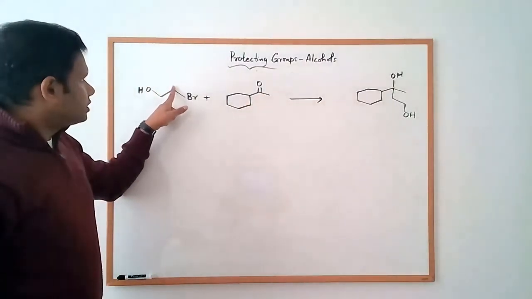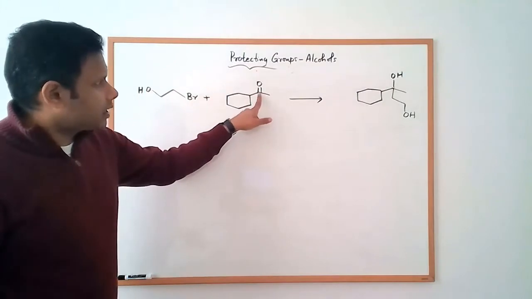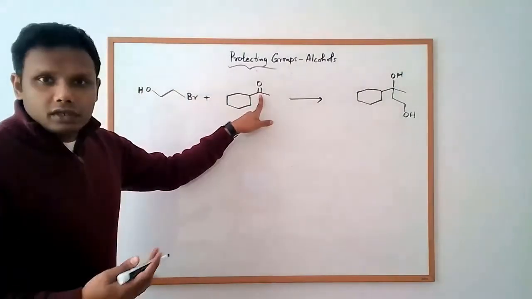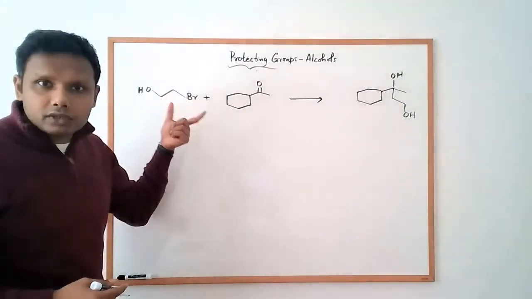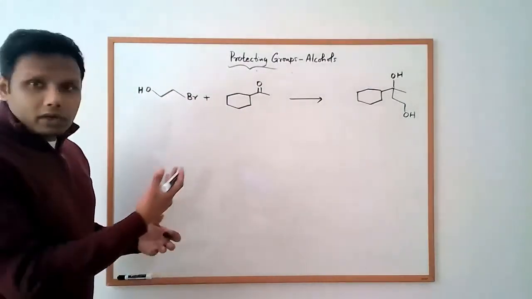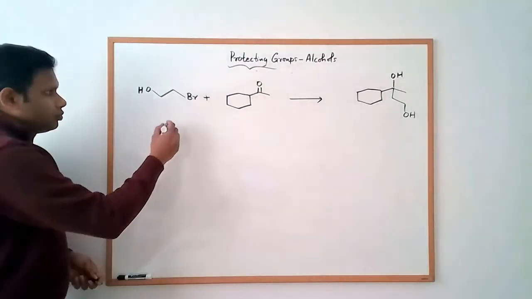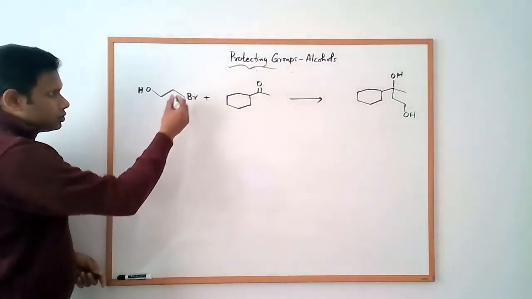So that means this carbon needs to go and attack that carbonyl carbon. And since this is an alkyl halide, at least this part of the molecule is an alkyl halide, one strategy to do this would be to convert this into a Grignard.